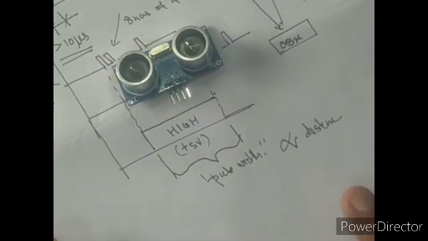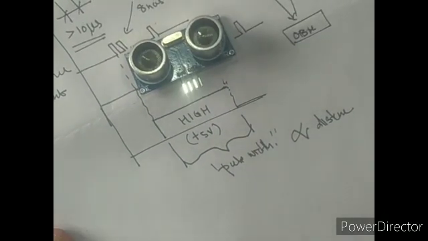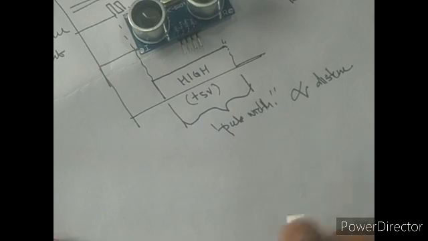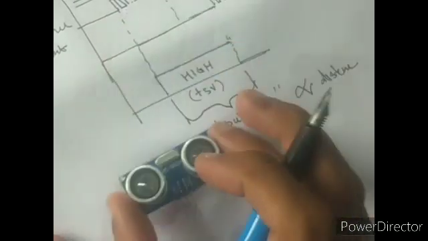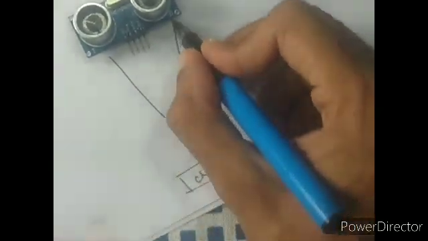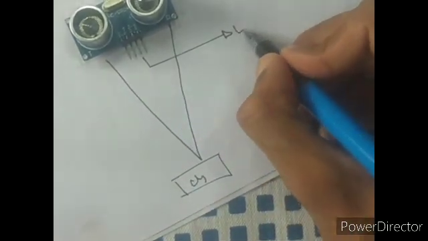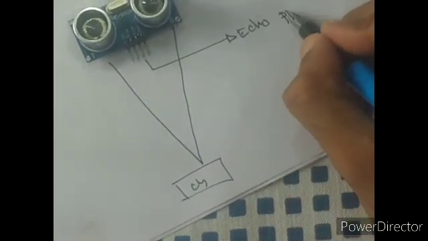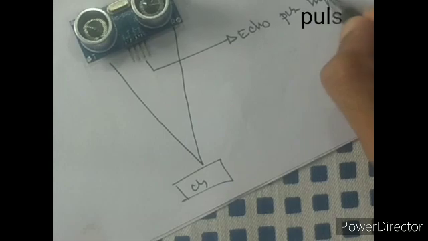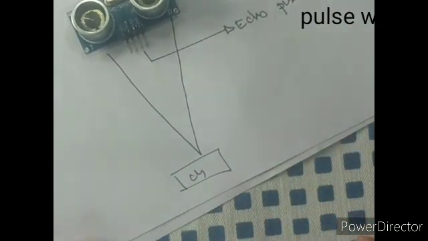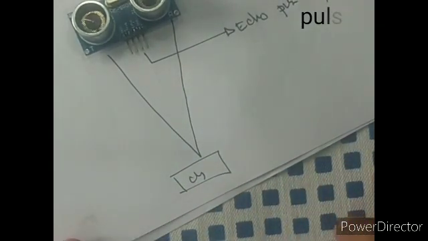Okay, so simply, assume we place our unit and this is the object, we have to just measure the echo pulse width to get this distance. Okay, so that is how we will do.